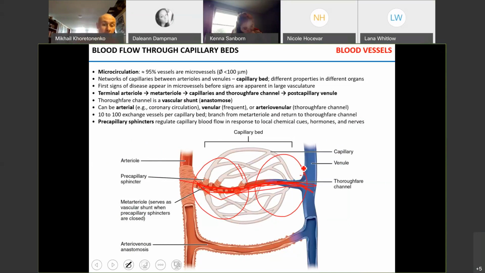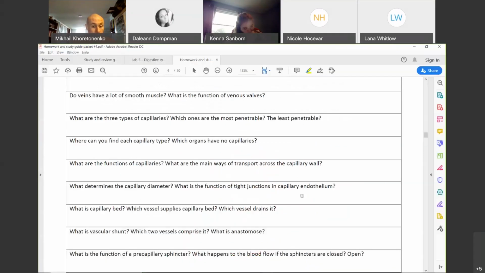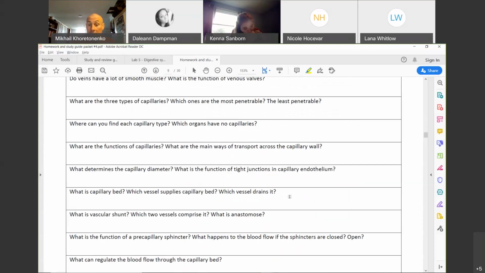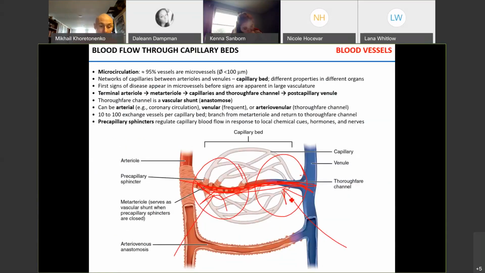Metarteriole refers to the arterial end here. Thoroughfare channel refers to the venular end. Okay. It is an anastomosis. So these are anastomoses, short blood vessels that connect, say, an arteriole and a venule, or two arterioles or two venules.